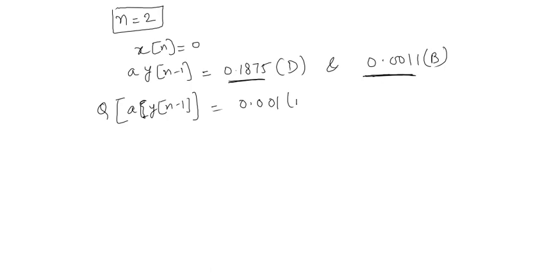This is your binary, and your decimal equivalent will be 0.125. So what will the final output y dash of n be? That is nothing but 0.125. I think there is some problem in the pen. Let me check this. Okay, now it's fine.